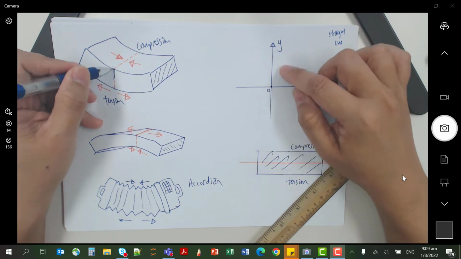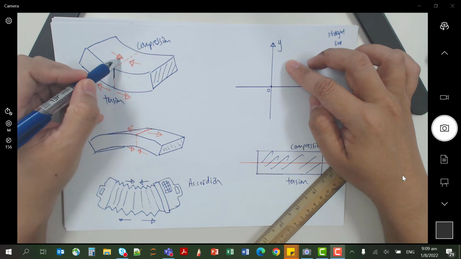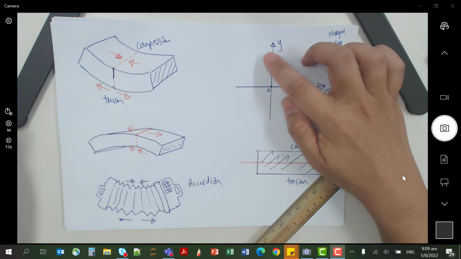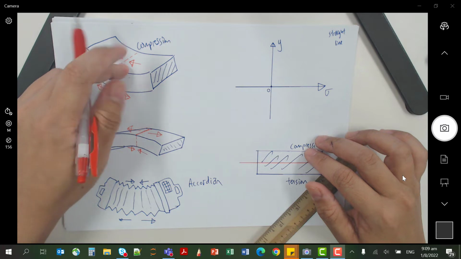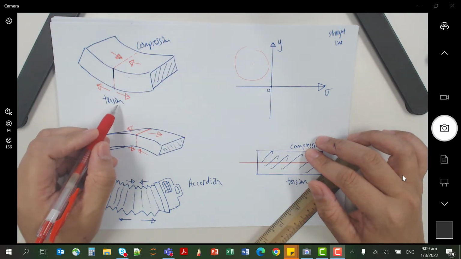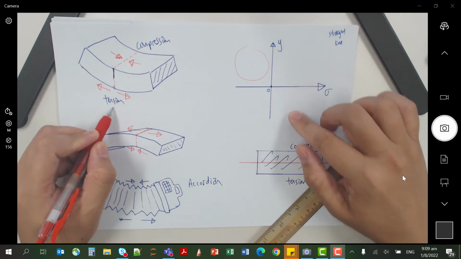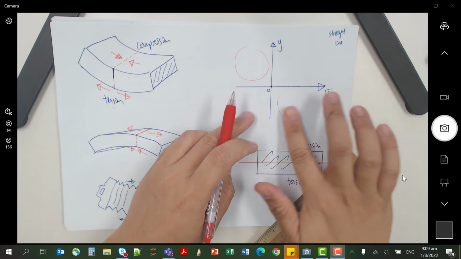At the top, let's say for this case you're experiencing compression, so the top stress should be negative, around here. The bottom stress, which is here, should be tension, so it should be positive, around here.